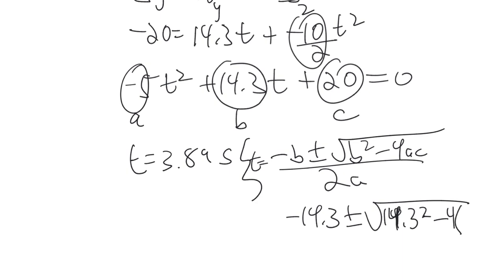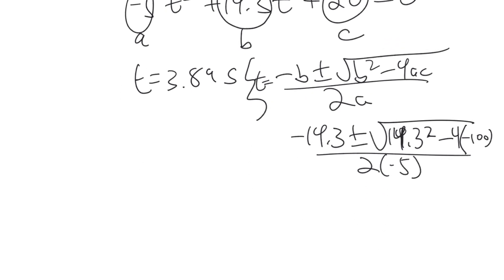Okay, that 5 times 20 is negative 100, over 2 times negative 5, negative 10.